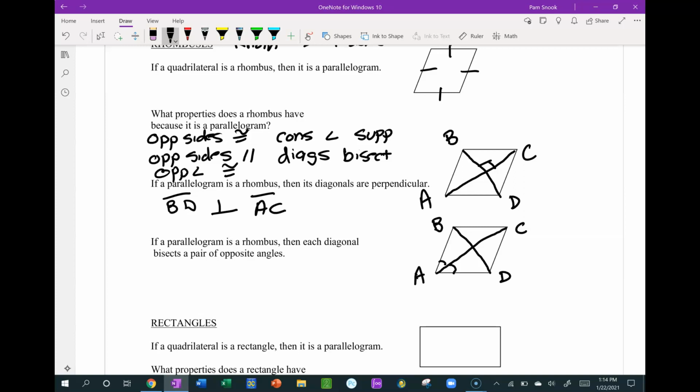And because opposite angles are congruent, these two up here at C are also congruent to the ones at A. Same thing with B and D. That angle at B is congruent with this other angle at B. And the angles down at D are also congruent with the angles at B. So we do have a lot of properties for a rhombus.